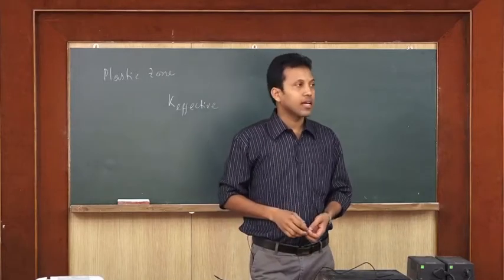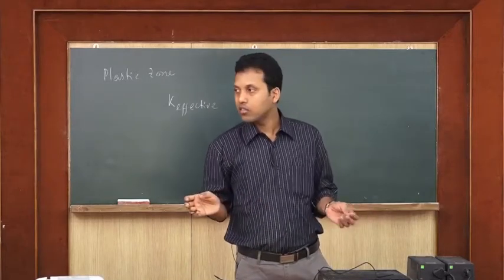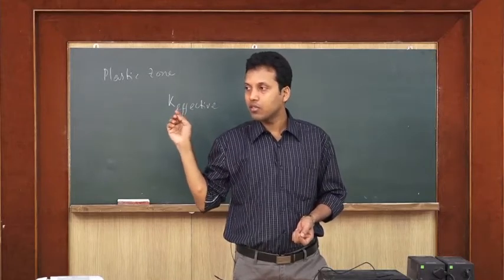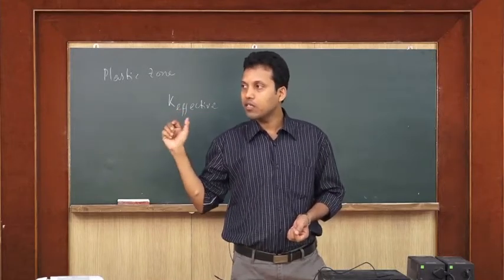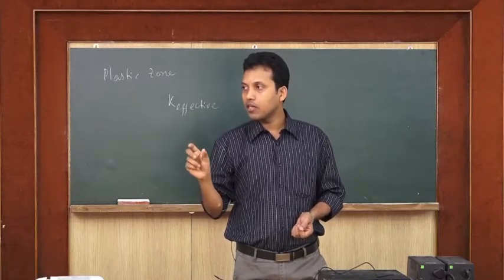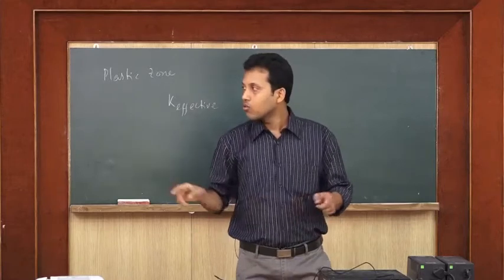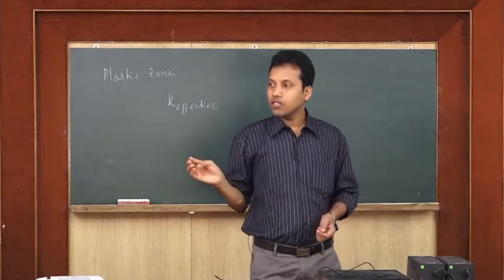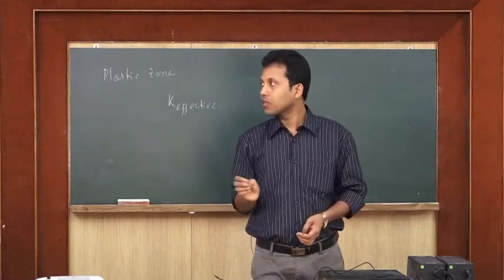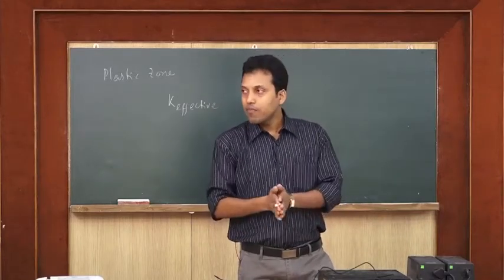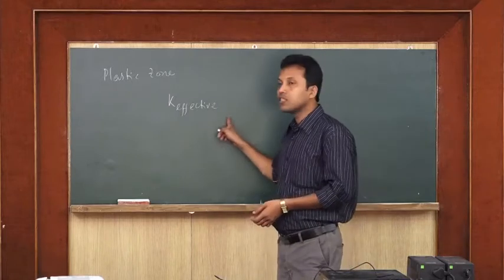As if the crack length is a little bit extra, equal to a plus r_p. Earlier we saw a plus delta, and that delta we equated with r_p star, so a plus r_p star is the effective crack length, and by that we say the crack length is a little bit higher.